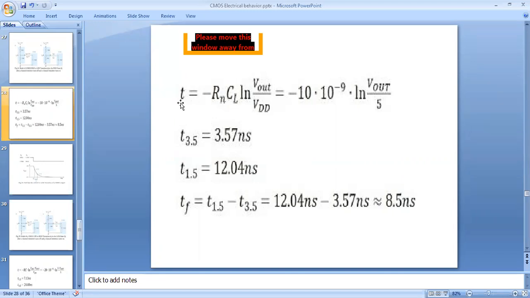Now what is small t? Small t equal to minus Rn CL natural log V out by VDD. I think you got this expression. It is very simple. Bring the exponential term e to the left side and it automatically becomes a natural log.